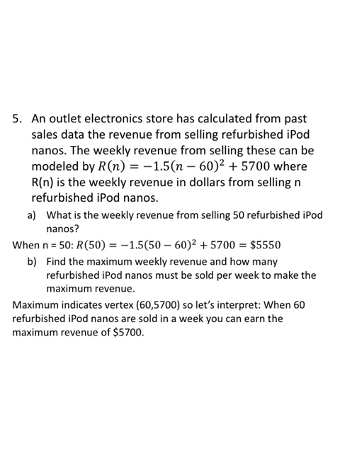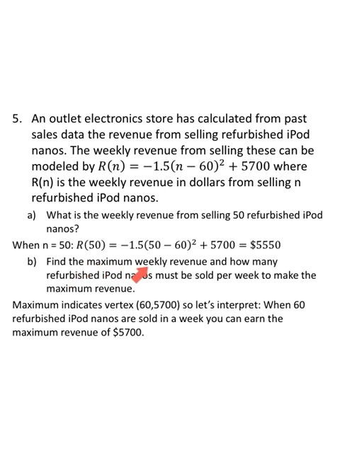When I multiply a positive 100 times -1.5, I'll have -150. -150 plus 5,700 is $5,550. So if they sell 50 refurbished iPod Nanos in a week, they're going to make a revenue, an income, of $5,550. Now, it doesn't take into account cost, but at least that's the money coming in.